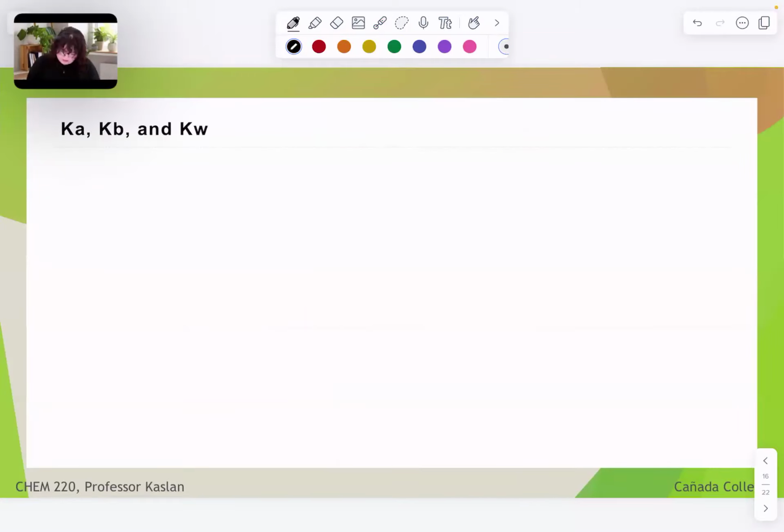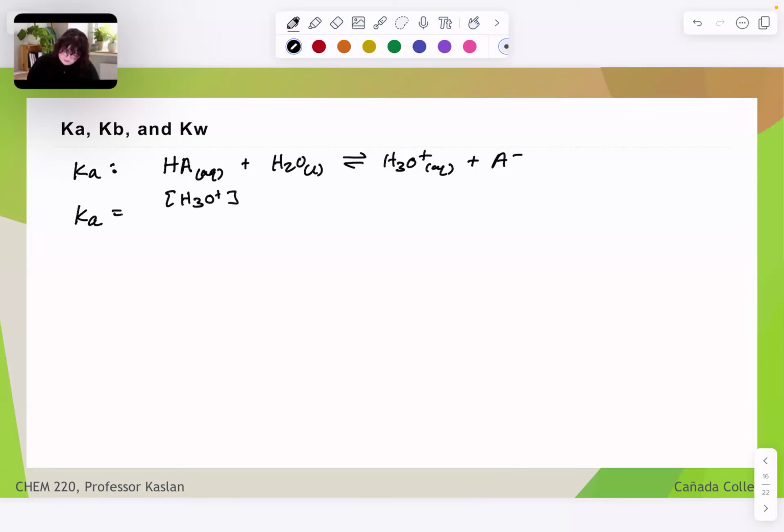So recall, if we're talking about Ka, we are looking at some weak acid in the presence of water, creating hydronium ion and A minus, which means that Ka is equal to concentration hydronium times concentration A minus, all over concentration HA.